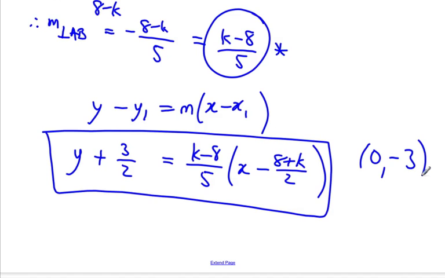So if we substitute 0, -3 into this, that's your x, that's your y. So if we put 0 in here, -3 in there, then it has to work because that point is on the line.